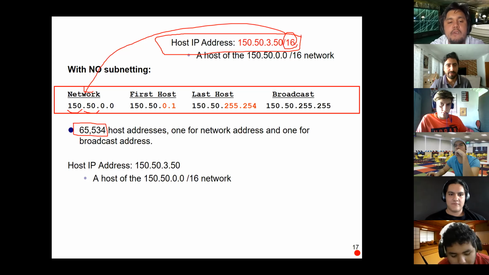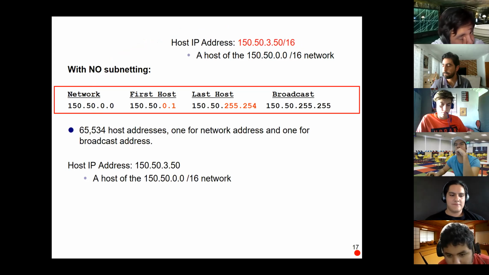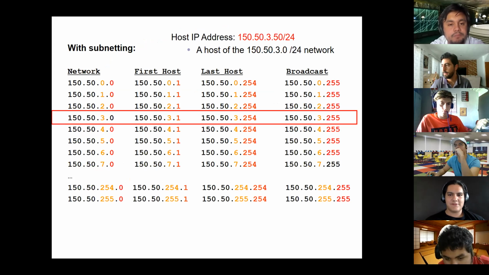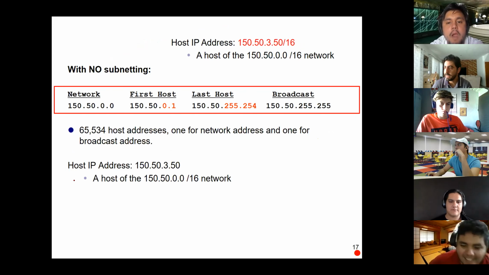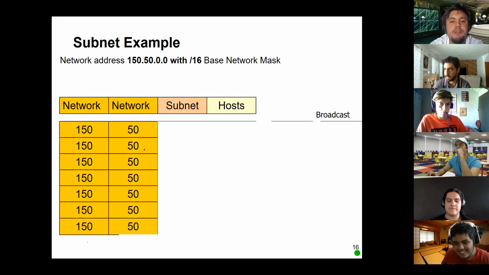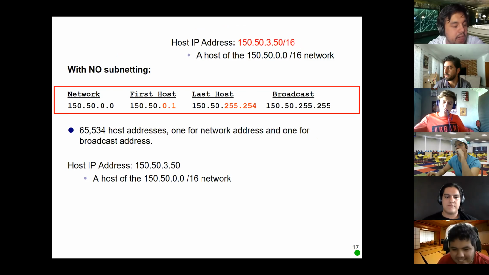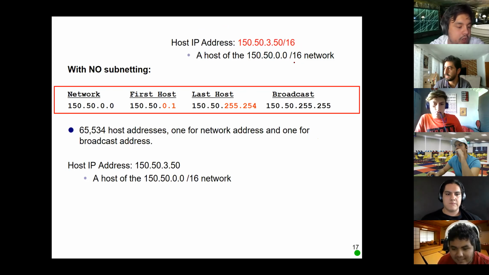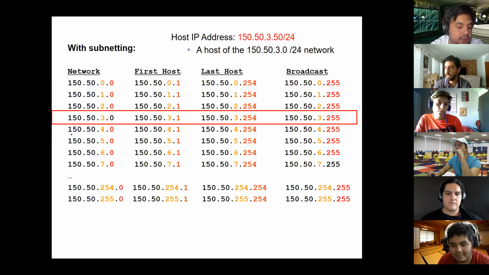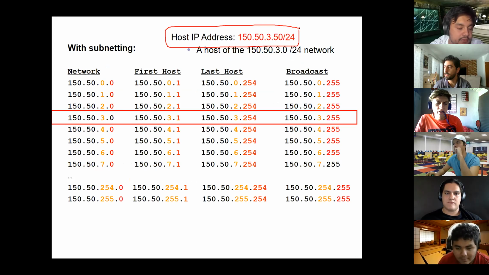So let me remove this. Remember this. Let me go back. Let's see what's happening here. This is this IP address. My prefix is 16 here. But if I give you this, this is again a totally valid question.